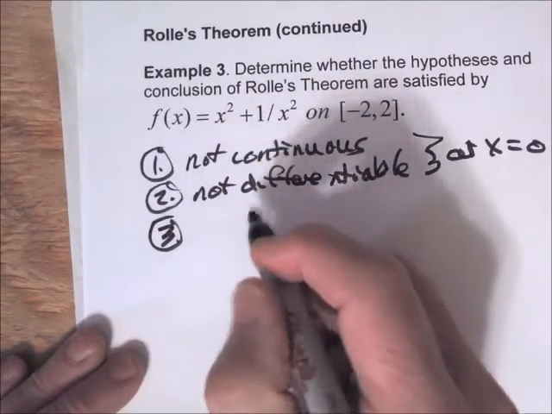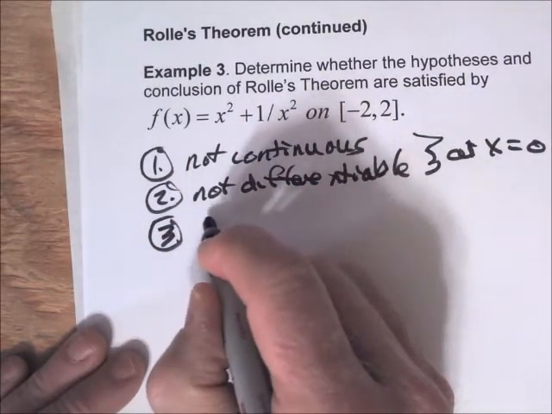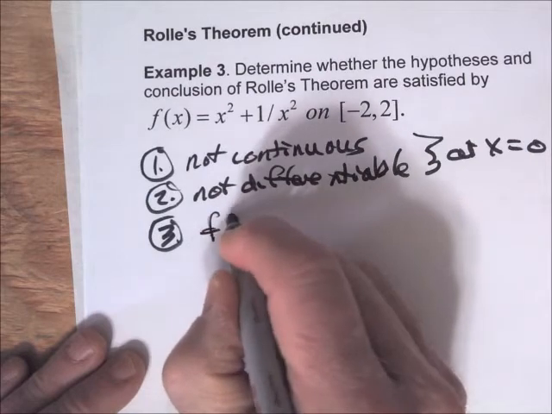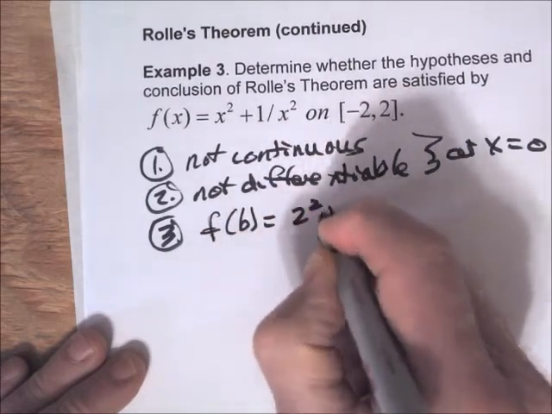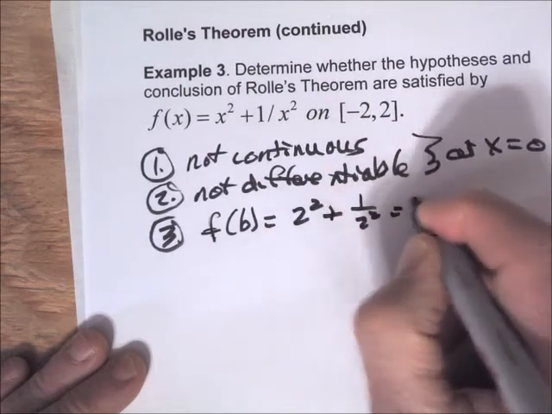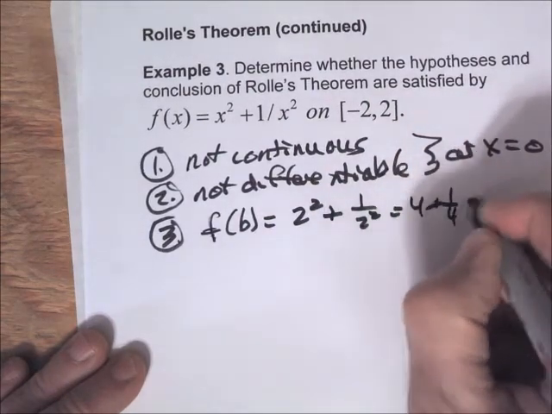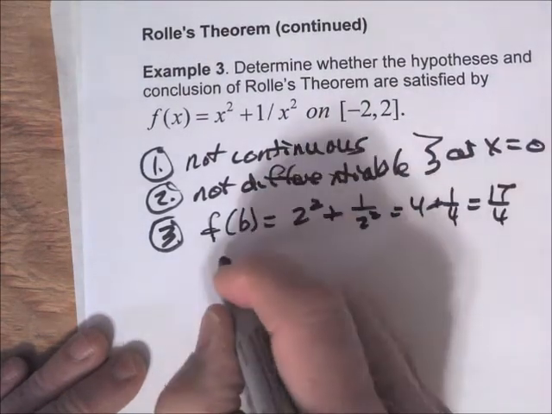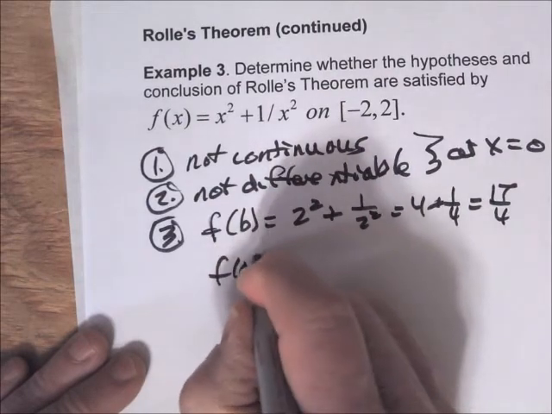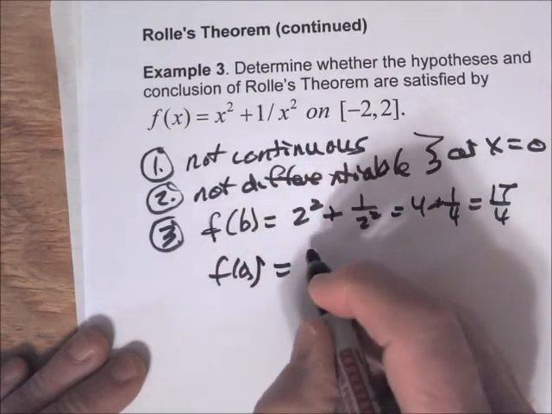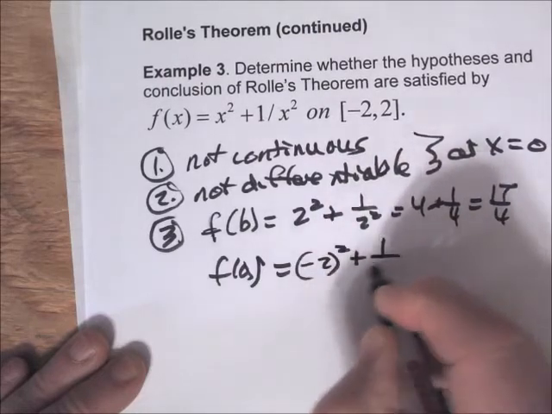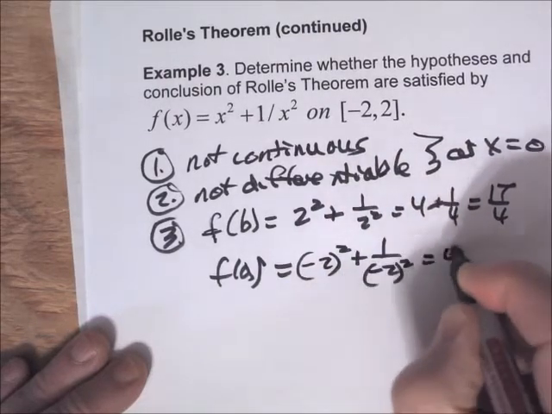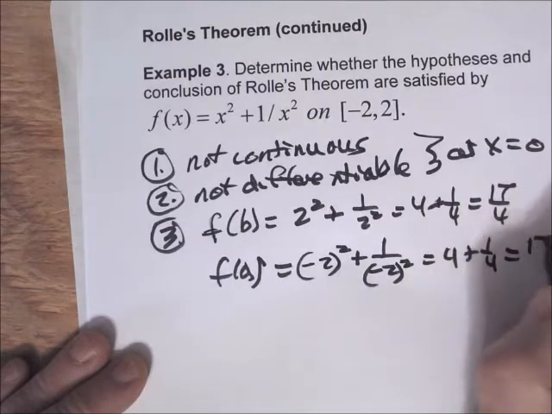It's an even function, so f of a should equal f of b. f of b is 2 squared plus 1 over 2 squared, 4 plus 1/4, 17/4. f of a is negative 2 squared plus 1 over negative 2 squared, 4 plus 1/4, 17/4.